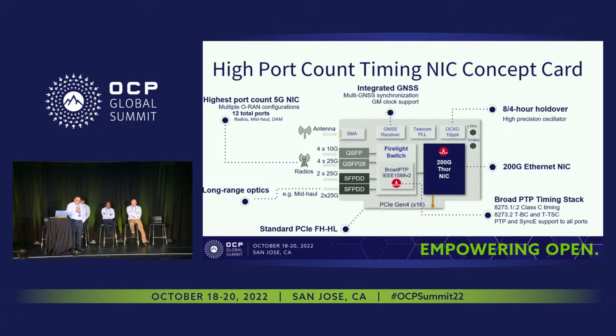You can use the switch to implement a telecom GM, a TGM, in which case, again, it has its own protocol stack that can run on the embedded CPU or can run on the host CPU. And in this case, it's also serving downstream nodes as well as the local node, which is one of the slaves attached to the master.